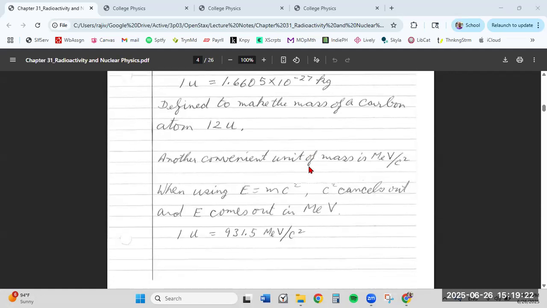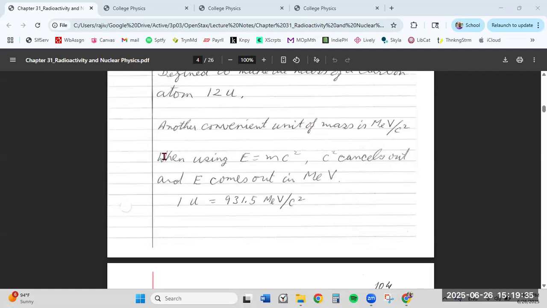Another convenient unit of mass for certain types of calculations, as we will see later on, is MeV per c squared. This is helpful when you're using the equation E equals mc squared, because then the c squares cancel out and you don't have to keep multiplying by the square of the speed of light. And the energy naturally comes out in MeVs.